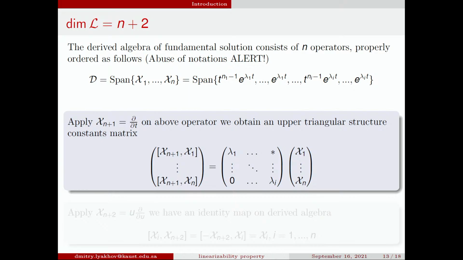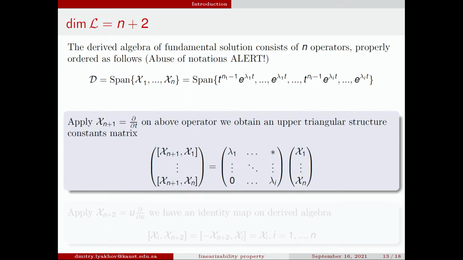The first one is this shift generator, X_{n+1}. If we apply this generator, which means we take the Lie bracket with the other generators in the derived algebra, we get an upper triangular form. This is very easy to see from the properties of these fundamental solutions.